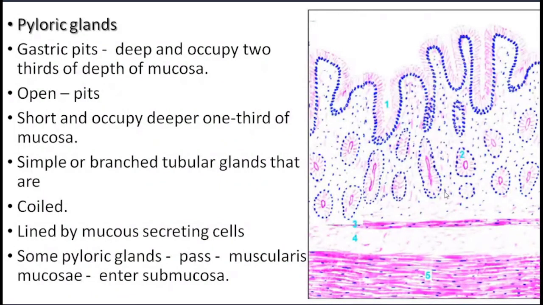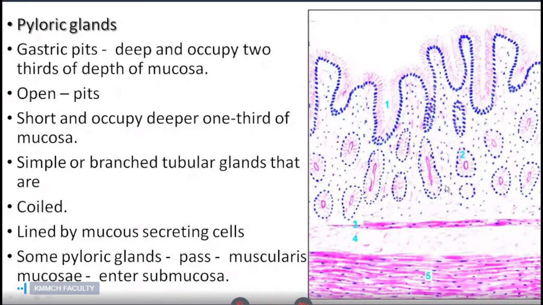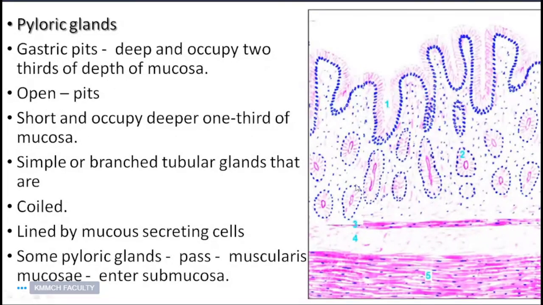Then in the lamina propria, you can see this part is the lamina propria, and it is packed with these pyloric glands. Here the connective tissue of the lamina propria is scanty. You get minimal connective tissue of the lamina propria because it is mostly occupied by the glands.